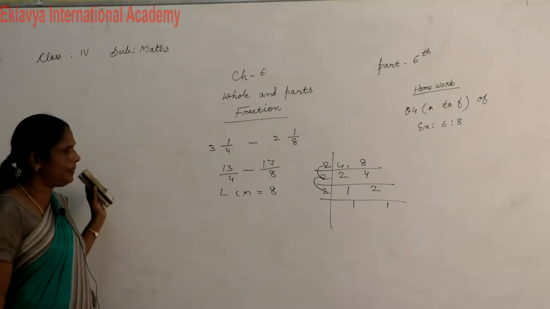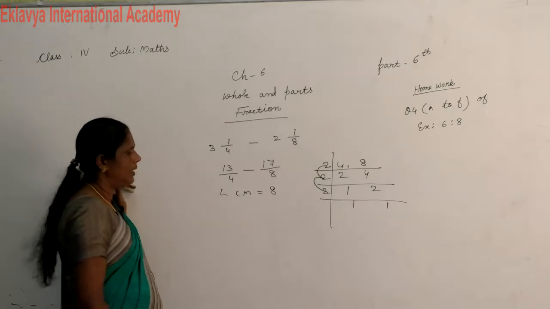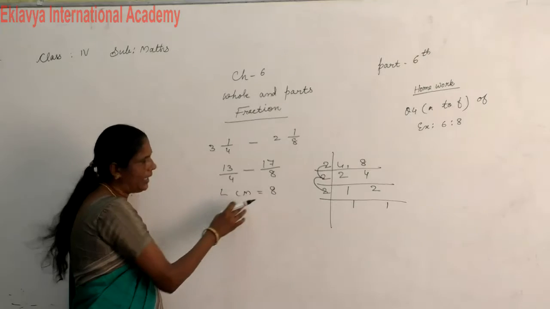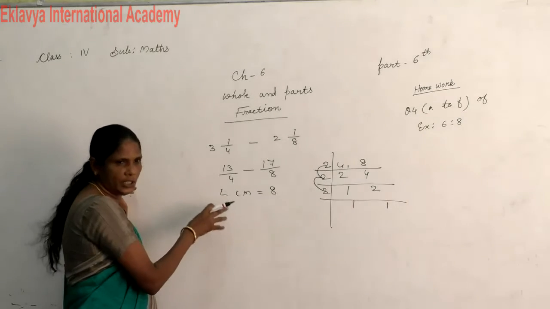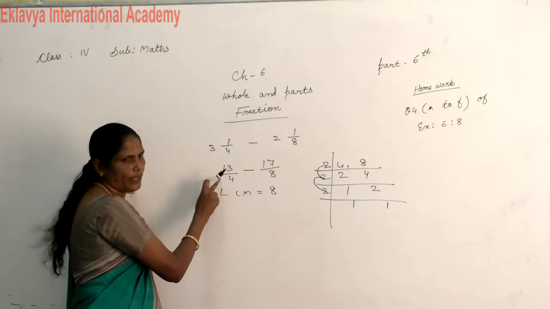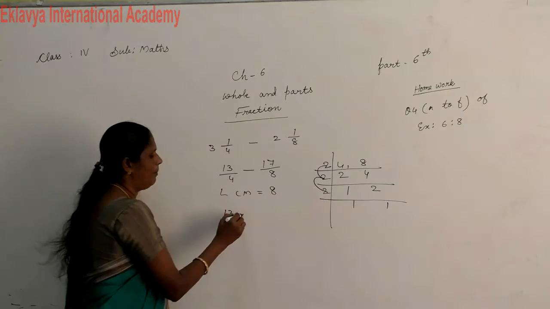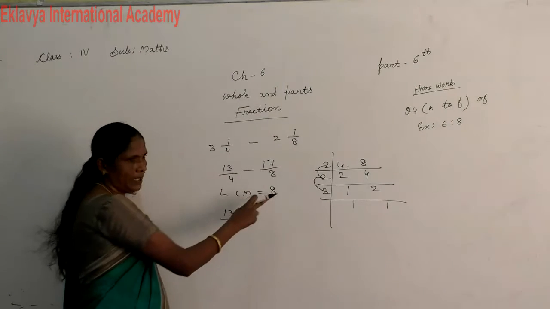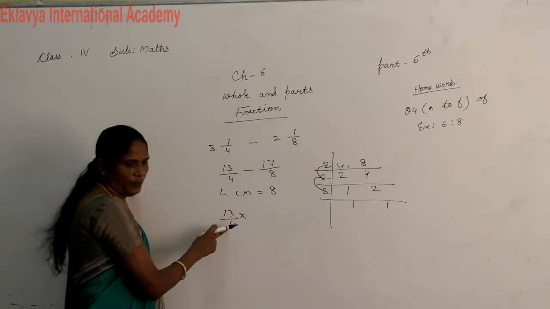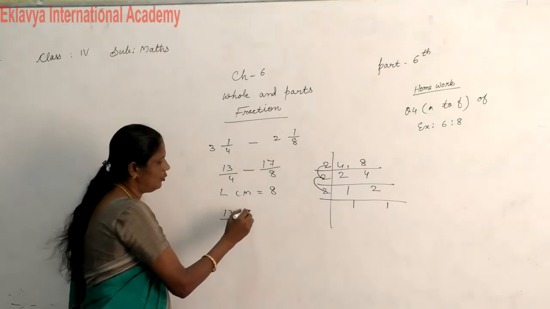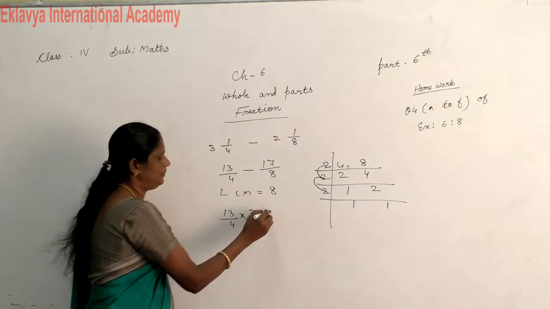Next step, you say the next step. LCM divided by each denominator. This is now our fraction. 13 by 4 multiply 8 divided by 4. We get 2. 2 by 2.